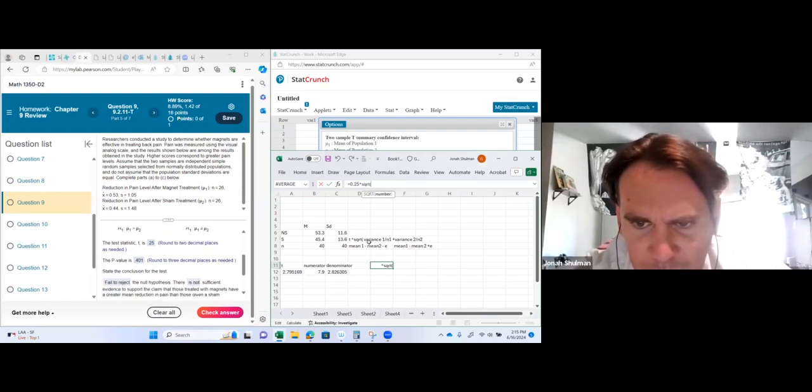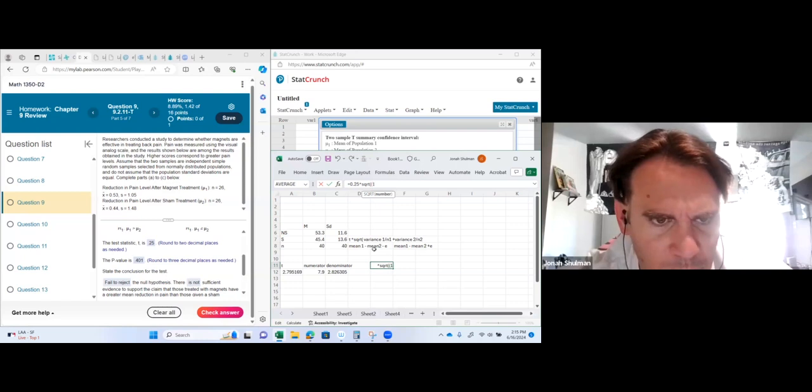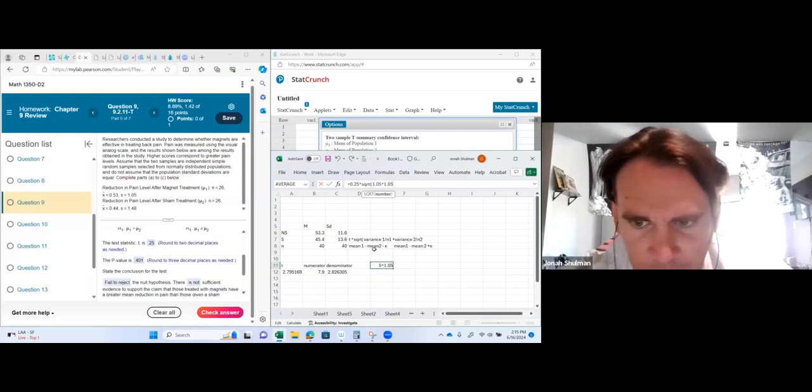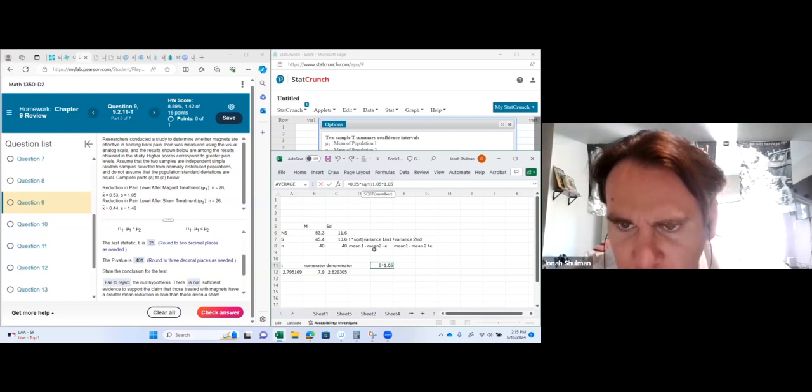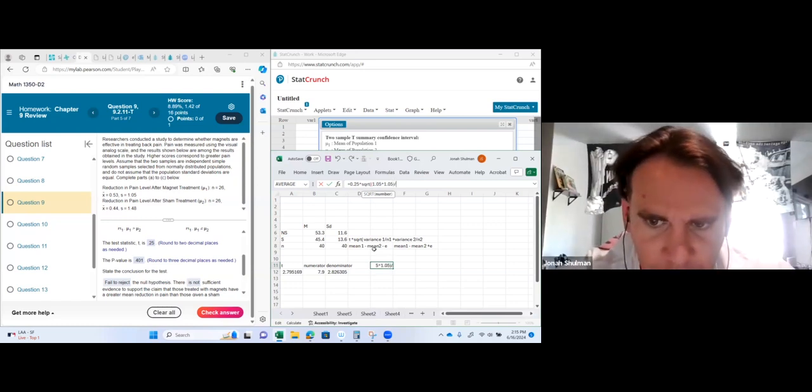so it says the square root of variance 1. So another parenthesis. I need 1.05 times 1.05 divided by 26.